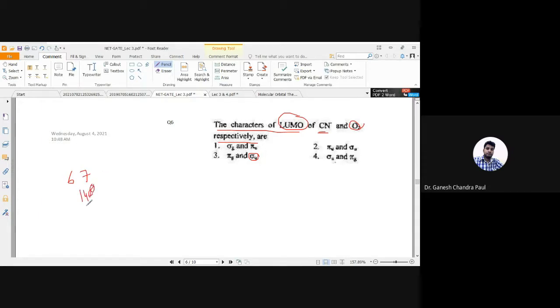A 14 electron species, as you know, like NO plus, is also a 14 electron species, because nitrogen is 7, oxygen is 8, and for the positive charge it is minus 1, so it is also a 14 electron species.